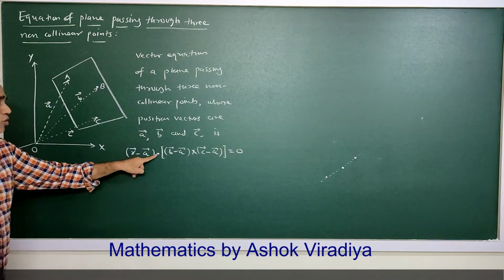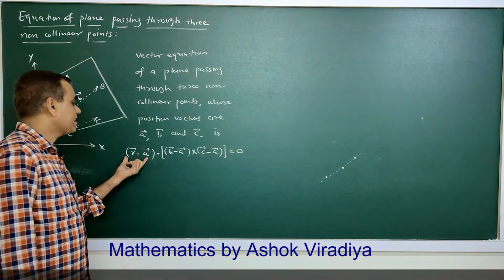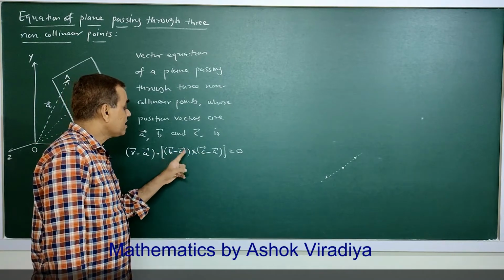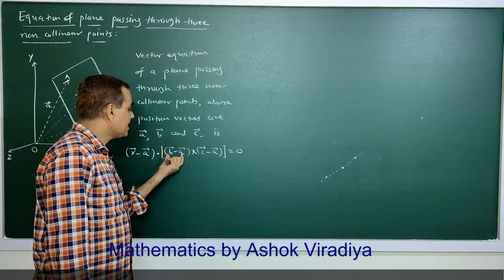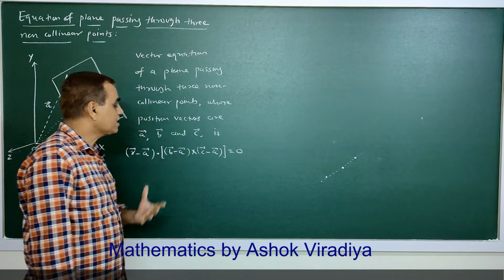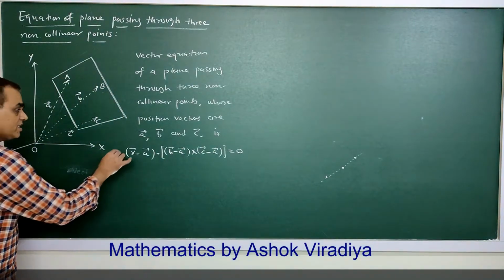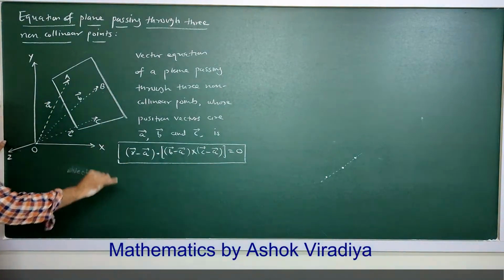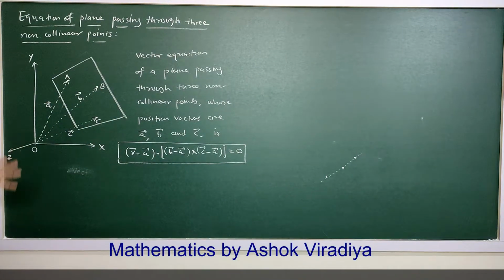So it is the dot product of vector R minus vector A and this vector, which is the cross product of vector B minus vector A and vector C minus vector A. This is the vector equation of a plane if three non-collinear points are given.